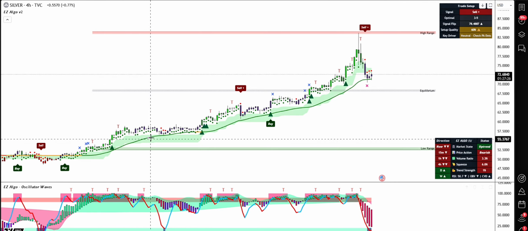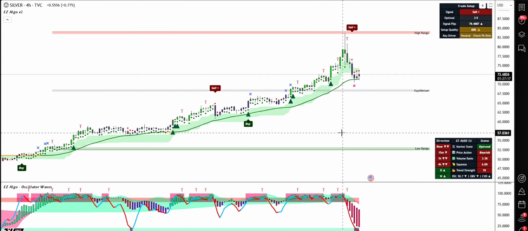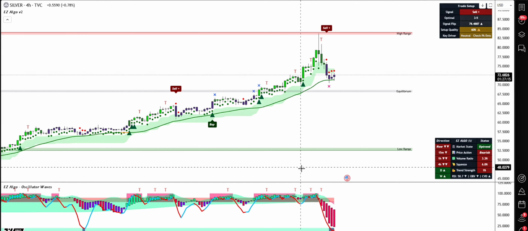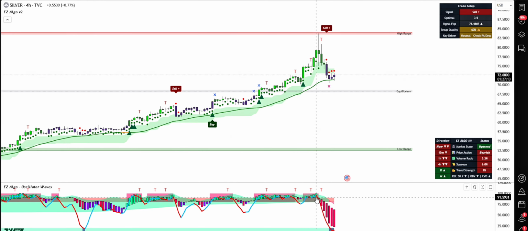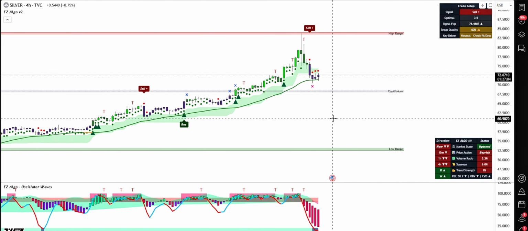We can see the consolidation points here as our candles were kind of going sideways, trying to reverse, staying in that uptrend. But finally, after this large move, it shifted over. We got some really nasty red candles on our oscillator. And we had quite a large move for silver to fall down the other day.